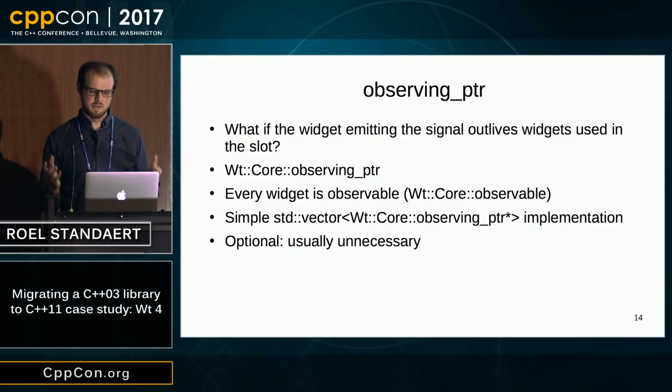So nowhere in our API do we return it, and nowhere in our API do we request it. You can use it if you want to, but it's usually unnecessary. So that's the whole way that we changed our ownership model and how we made it more clear.